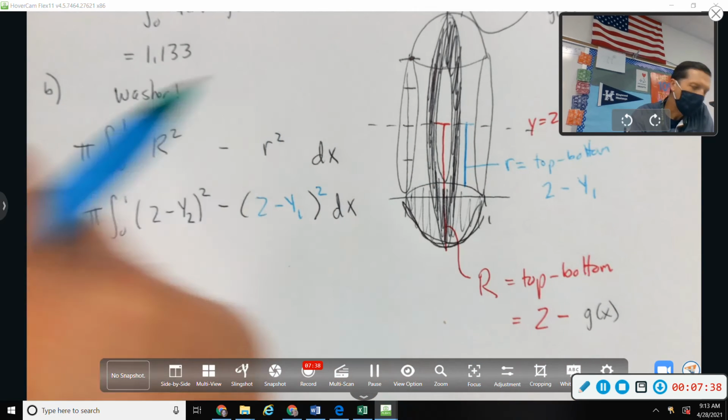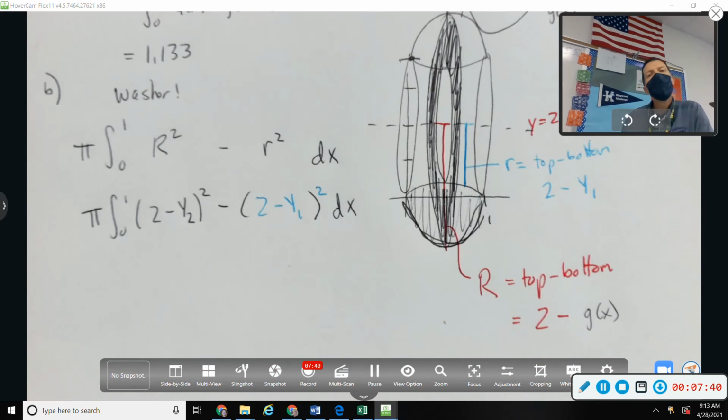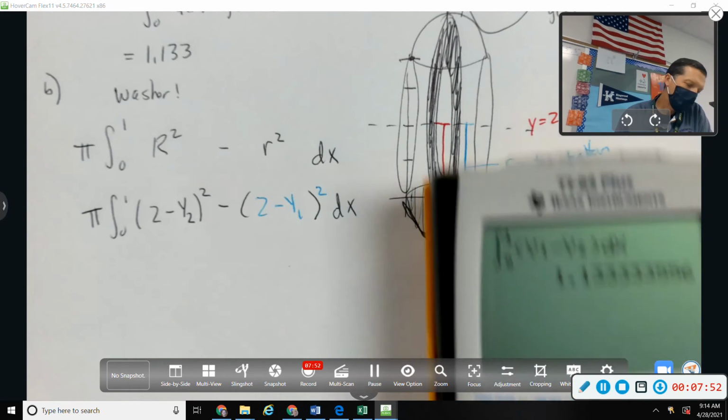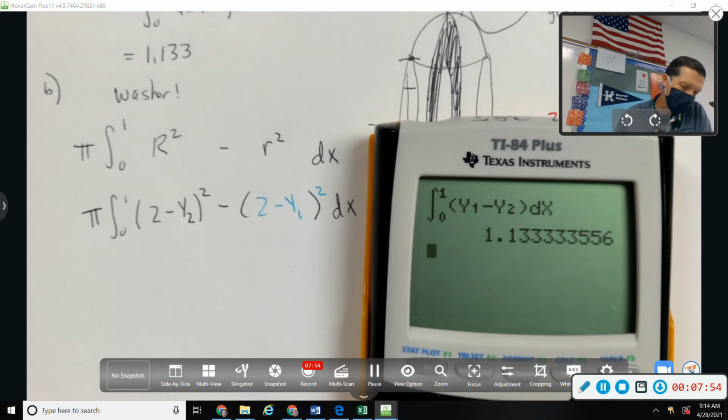Don't forget the pi, because we're making circles, so we're adding up all the big circles minus the little circles from 0 to 1. My guess is getting that far probably gets you 2 out of 3 points on that problem. Don't forget the pi, note to self.